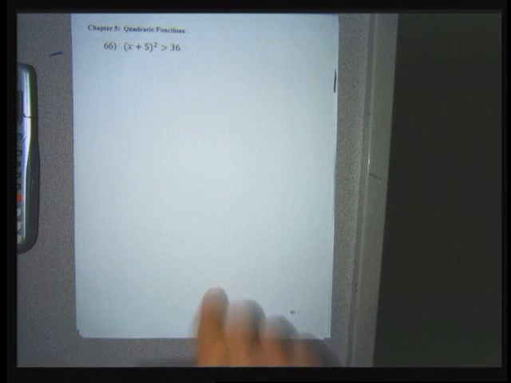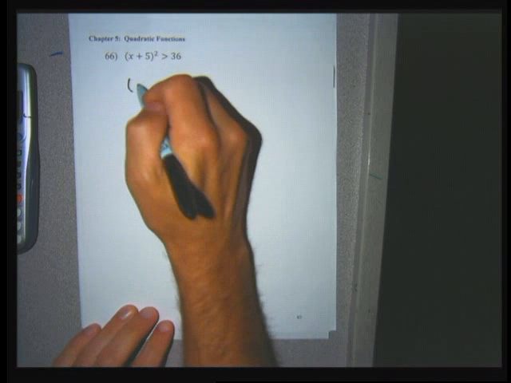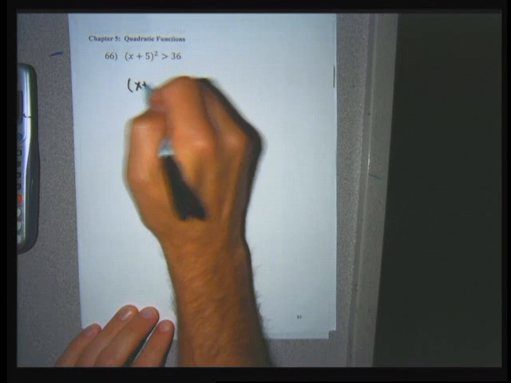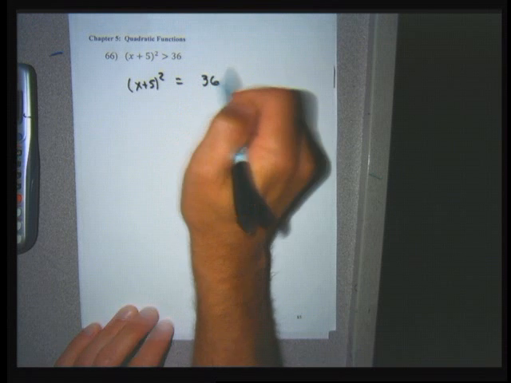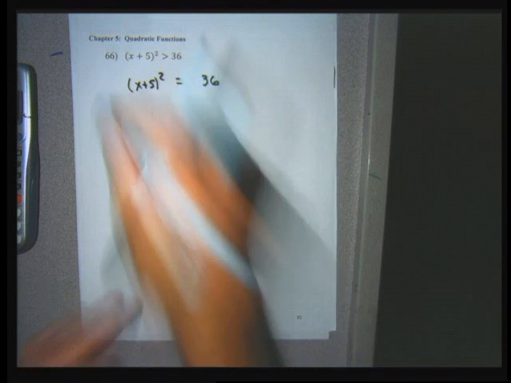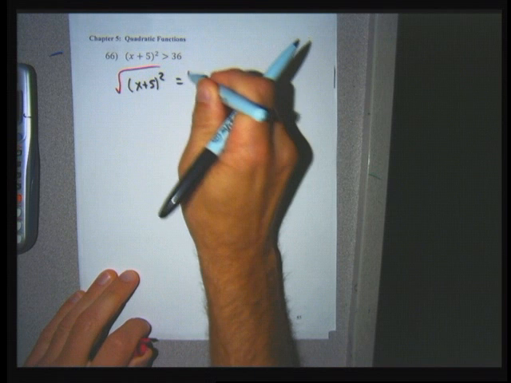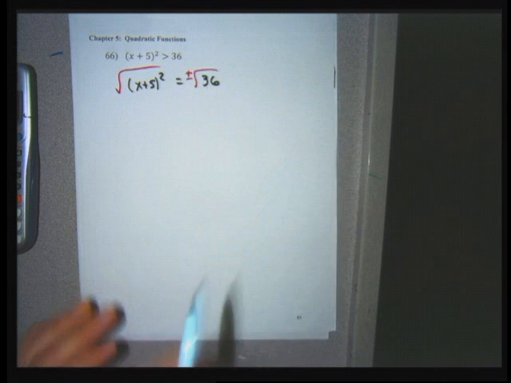I don't see a pair yet for 66. So let me move on and do this regularly then. So maybe there was one and I'm just not seeing it. I'm going to go x plus 5 squared equals 36, and then square root plus or minus square root.